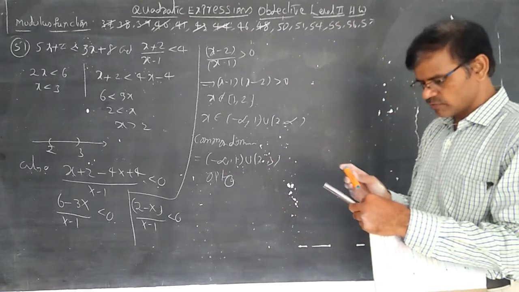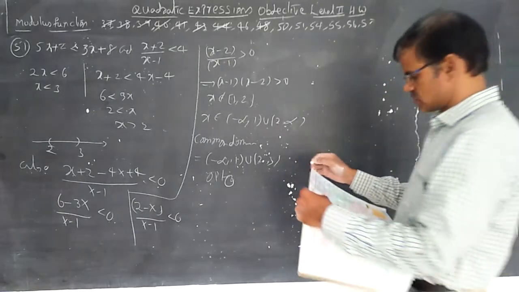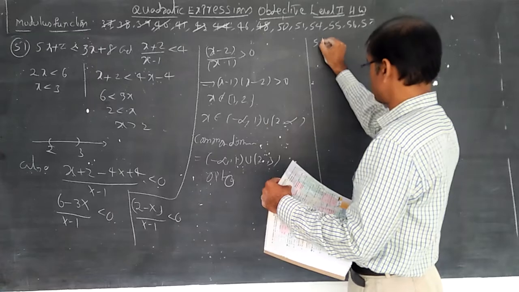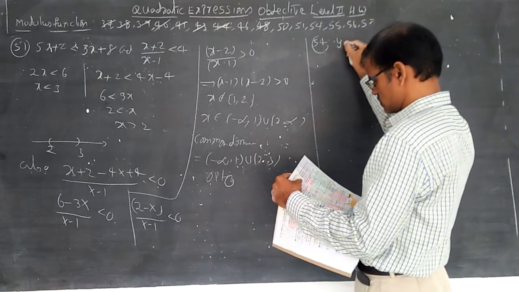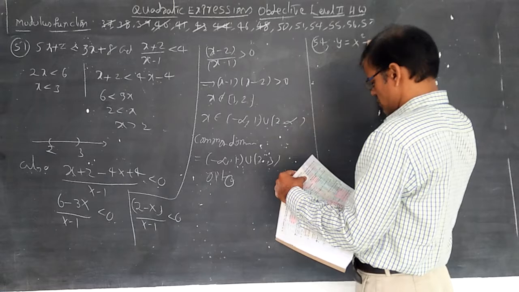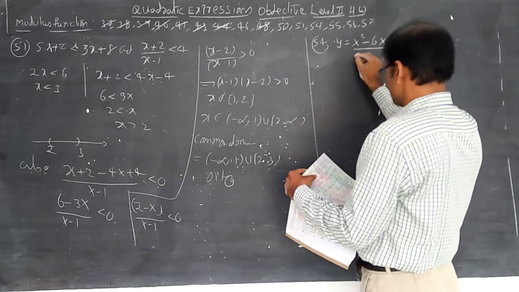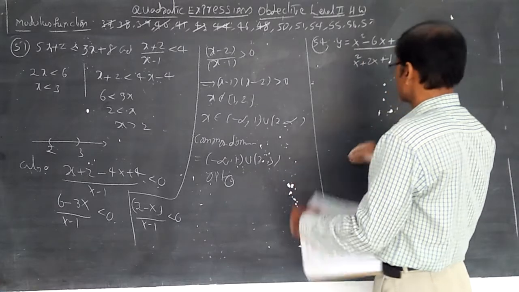Now the 54th question. For x belongs to R, least value of x square minus... There is no shortcut. 54th question, previous subject questions I am discussing with you. y is equal to x square minus 6x plus 5 by x square plus 2x plus 1.